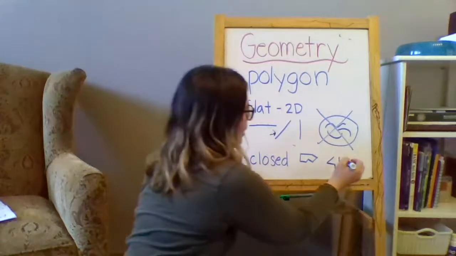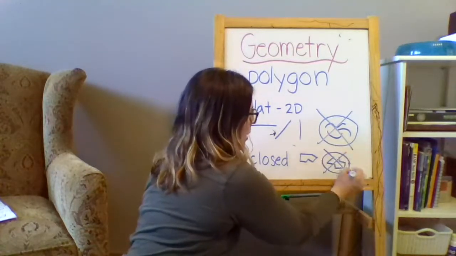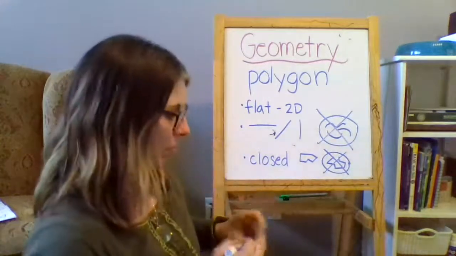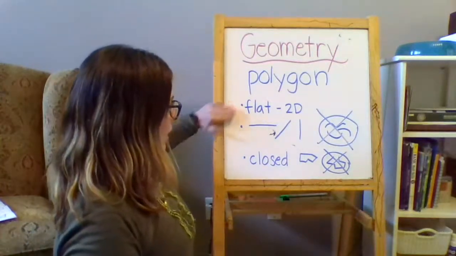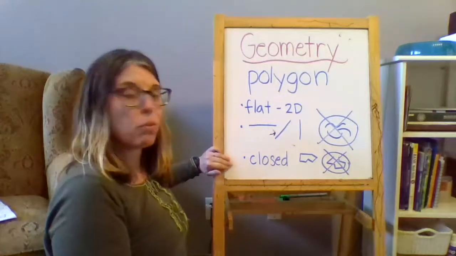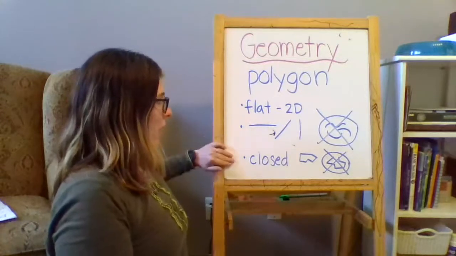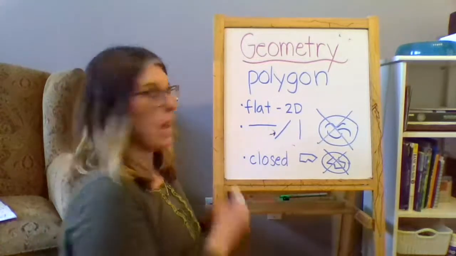No, it doesn't close. So that cannot be a polygon. Okay, so here's the three categories again. Flat, straight lines, and closed. Those are the rules. Okay, a shape has to be those things in order to be a polygon.